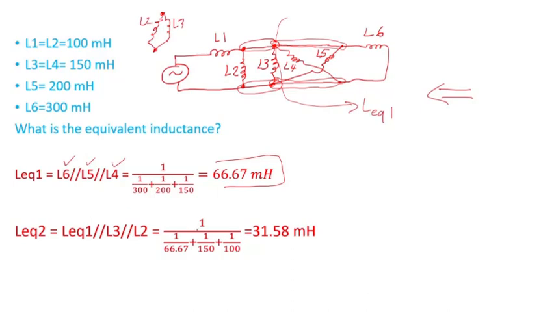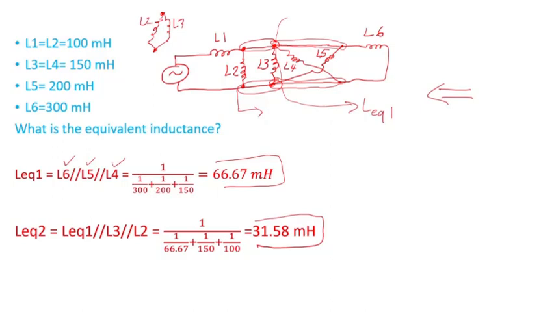So I do the same kind of technique, 1 divided by the sum of the inverse of all the inductances involved in the parallel combination. So after I do the math, I get 31.58 millihenries. So now I get the equivalent up to this point, basically L2, from where I started.